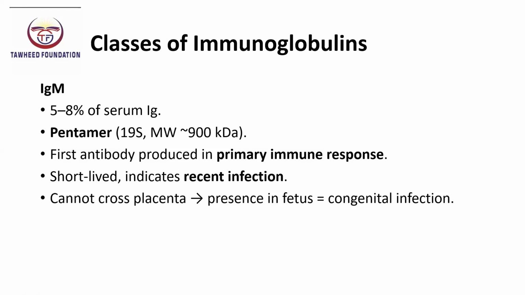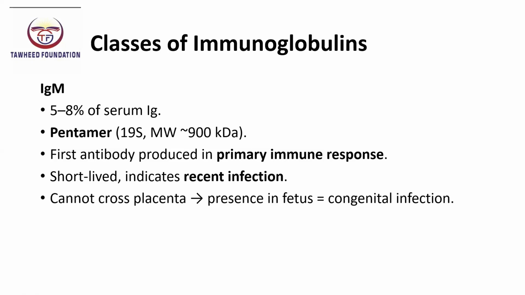This gives IgM a very high valency, with 10 potential antigen binding sites, though steric hindrance allows fewer to actually bind simultaneously. Because of its large size, IgM is confined mostly to the bloodstream. It is extremely efficient at activating complement and agglutinating pathogens.